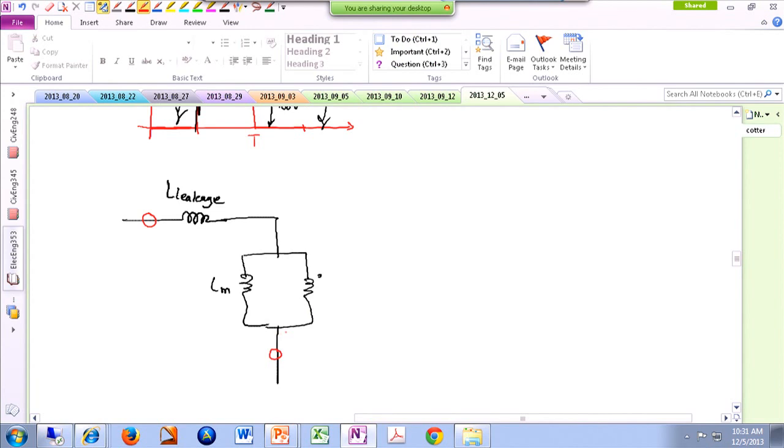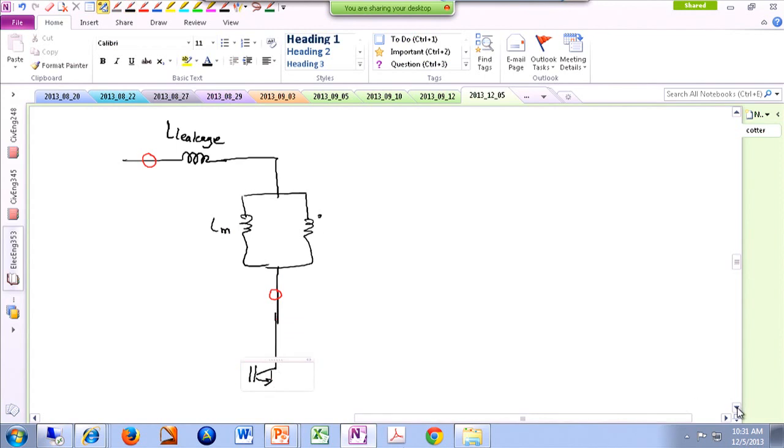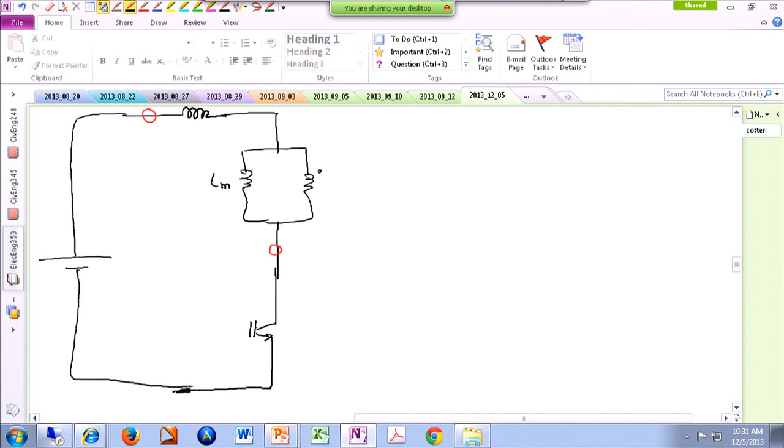Remember, these are all modeling your transformer. They are not really discrete components. So this is the primary side.